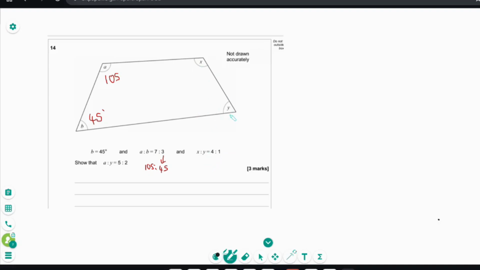X to y is 4 to 1. So x is 4 times y. So this is y, that's 4y, because look, it's 4 times y. And we know that angles in a quadrilateral add up to 360. So I can form an equation in y and solve.